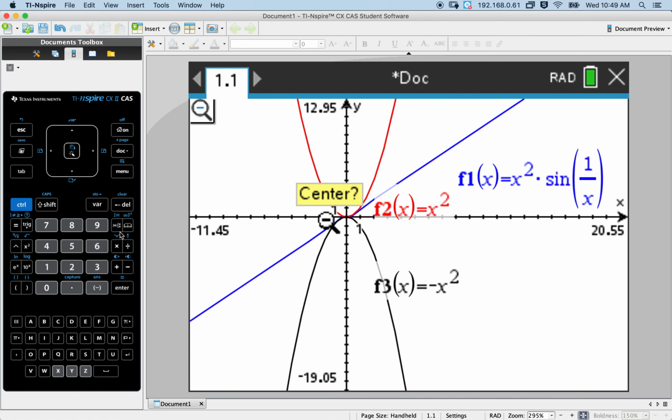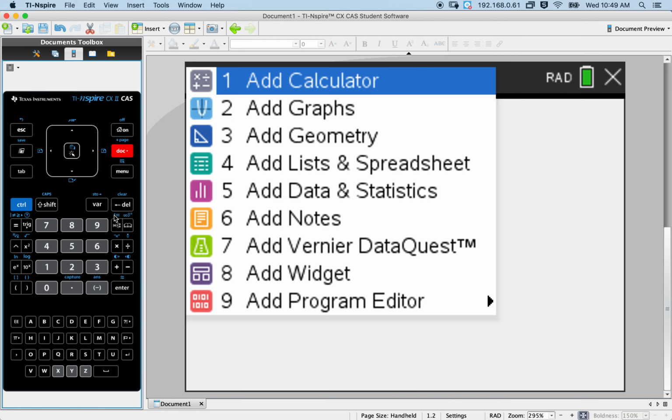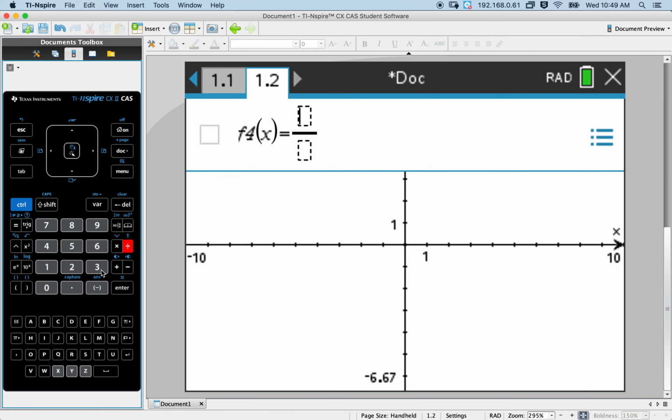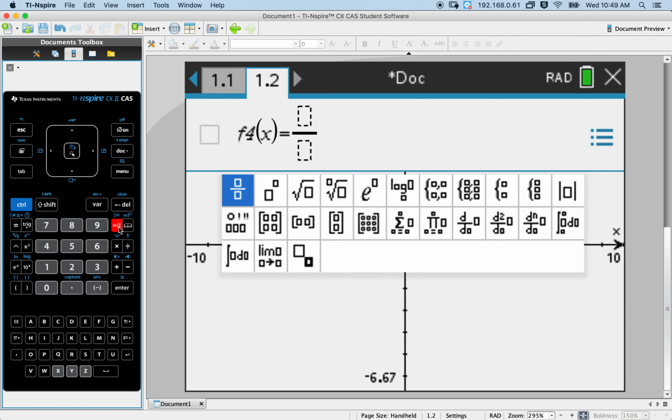So going back to my calculator, I'm going to make a new page and add a graph. Okay, so I'm going to do fraction bar. The absolute value on the Inspire is, see this bracket button right here? If you hit that, you'll get absolute value, and it's right here.